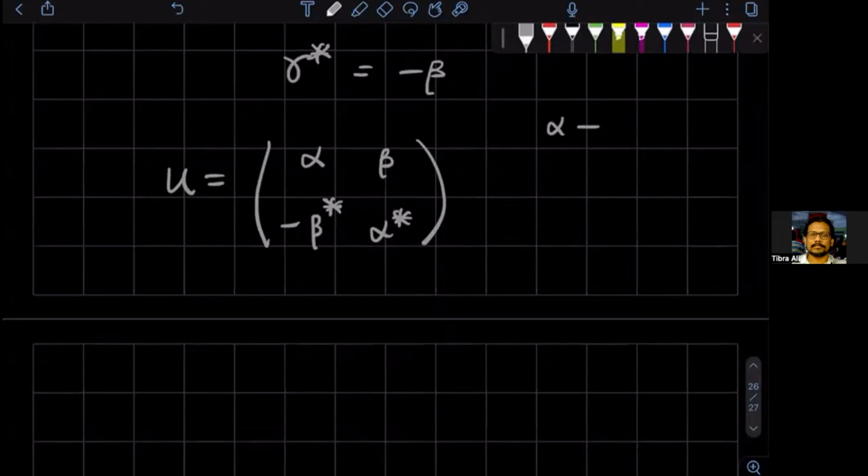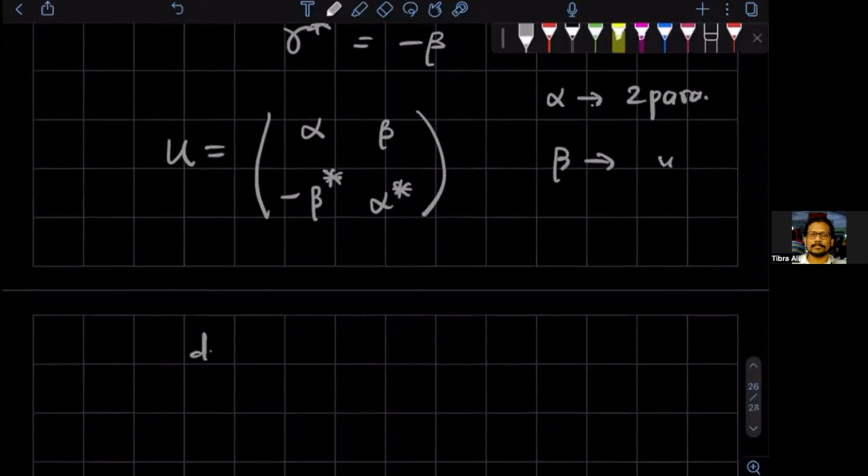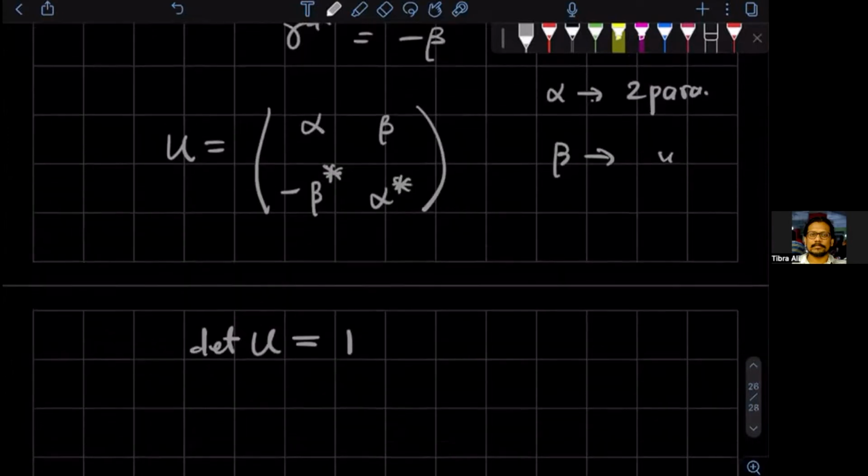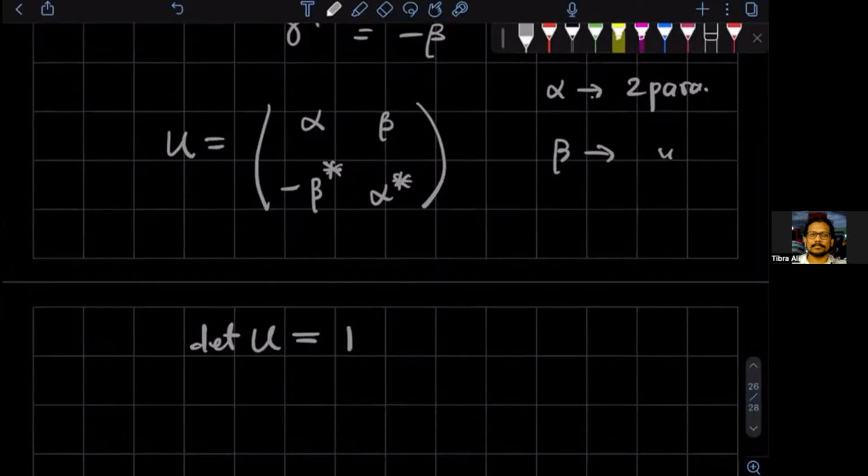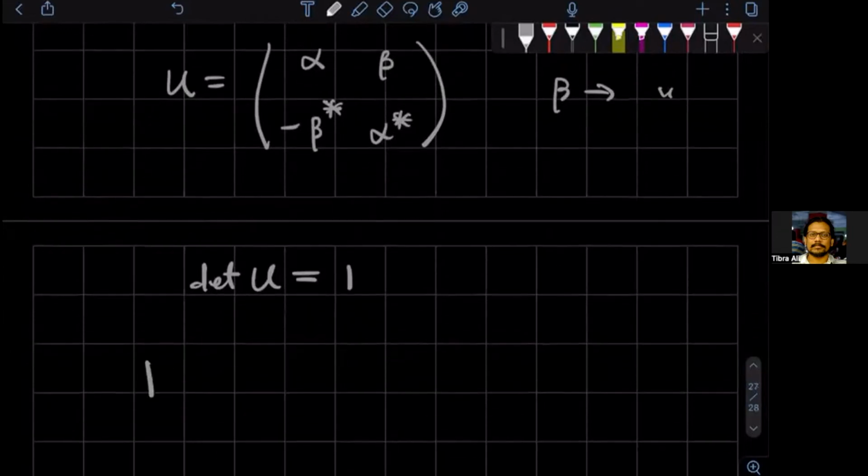So here alpha is two parameters and beta is two parameters, right? So now if I say determinant of U equals 1, then it's a real condition, and we can see that it becomes mod alpha squared plus mod beta squared equals 1, right?